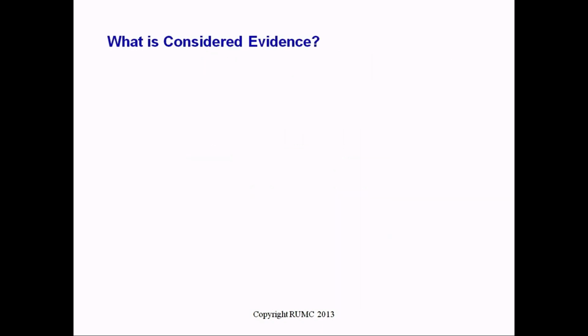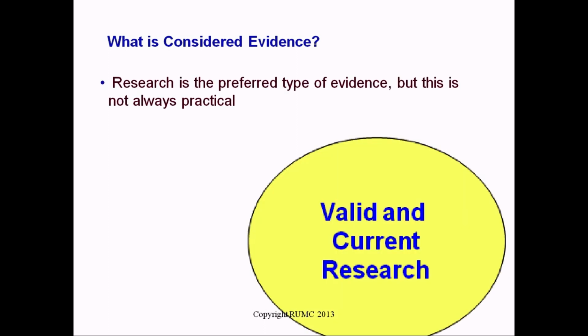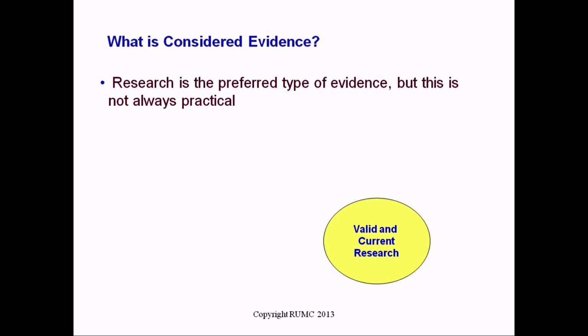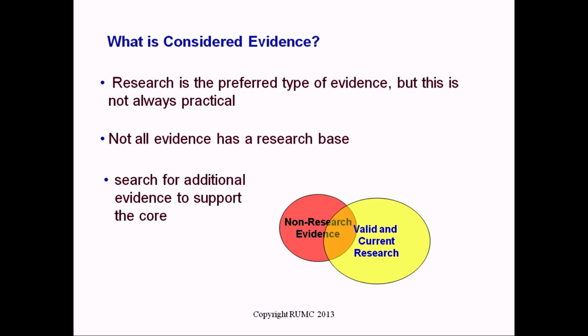So let's start out by considering what is evidence. Now you have a core and it's valid in current research, but not all evidence has a research base. While it is the preferred and ideal evidence, that's not always practical. So you may need to search for additional evidence to support your core.